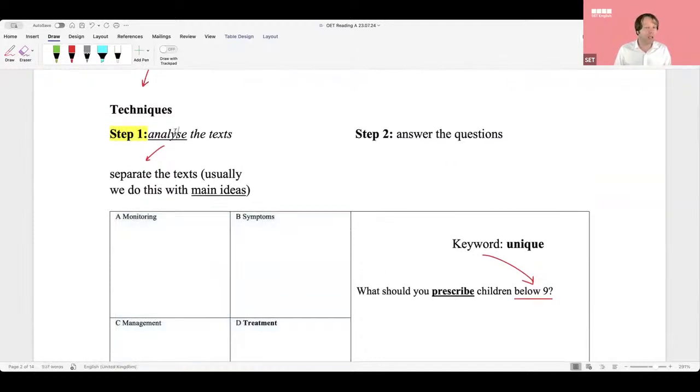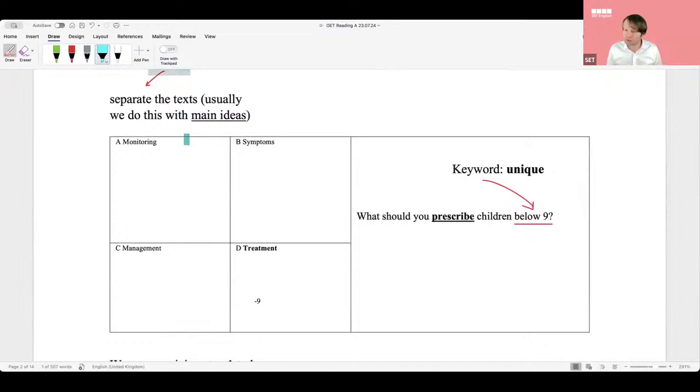Because we analyze, very often we know which text, or maybe 2 texts. You should not be reading 4 texts very often. Do not read 4 texts.